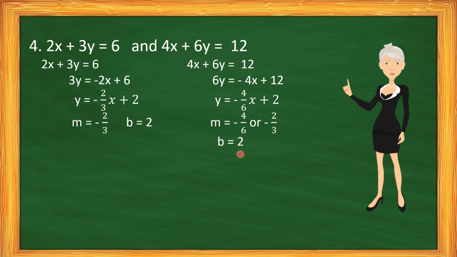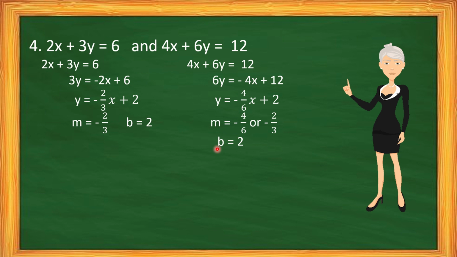So in the first equation, ang ating slope is negative 2/3. In the second equation, our slope also is negative 2/3. Then, they have also the same y-intercept, which is b equals 2.